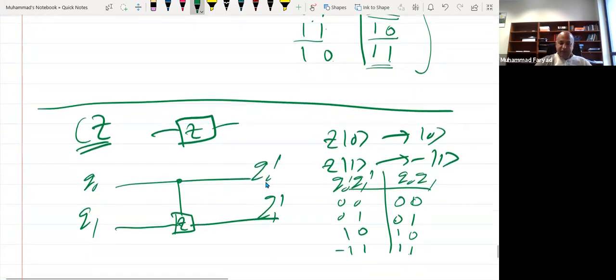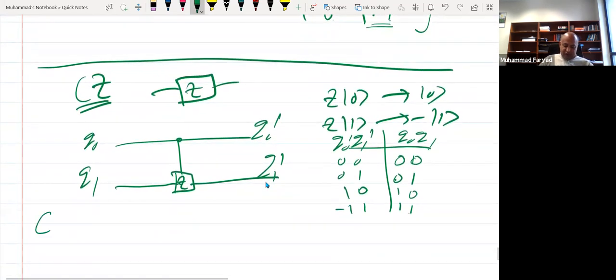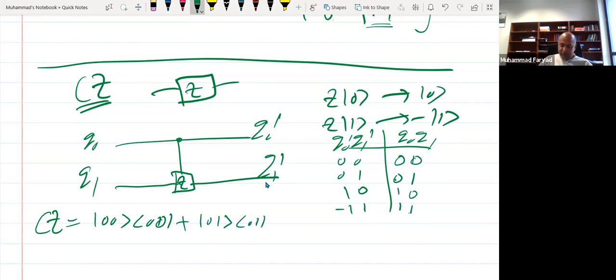So I can write its operator form now directly. 0, 0 goes to 0, 0. 0, 1 goes to 0, 1. And 1, 0 goes to 1, 0, but 1, 1 goes to 1, 1 with a minus sign.